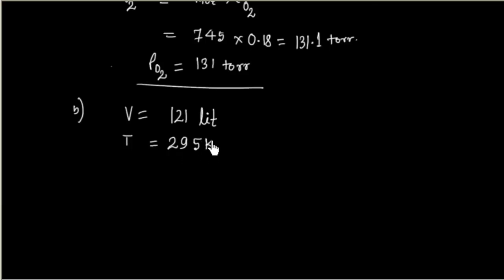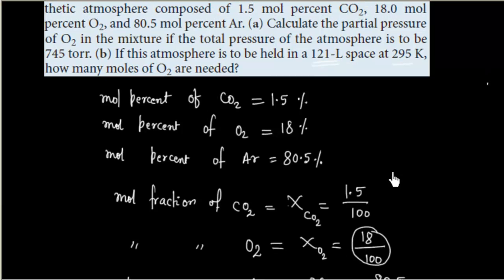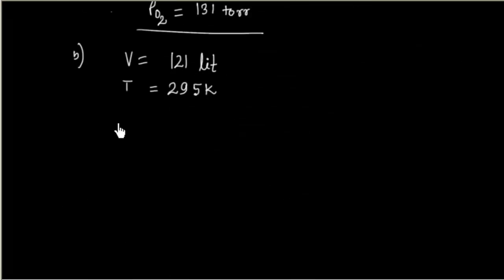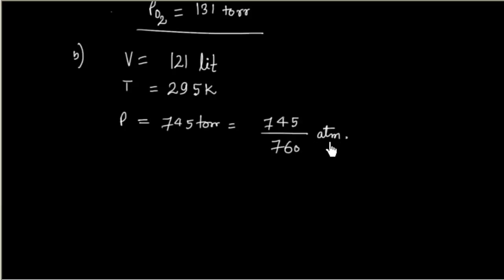Then we have to calculate how many moles of oxygen are needed. Of course, this time again we will assume the pressure required is the same, 745 torr, and we can convert this pressure to atmospheres, 745 divided by 760 atm.